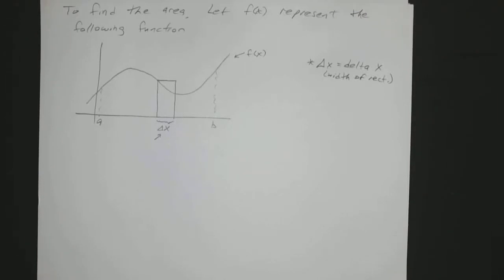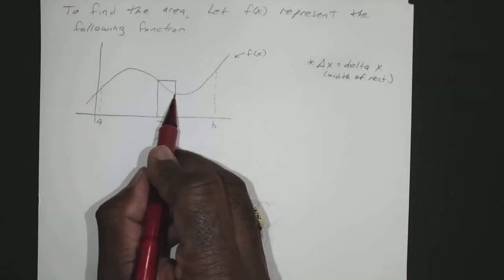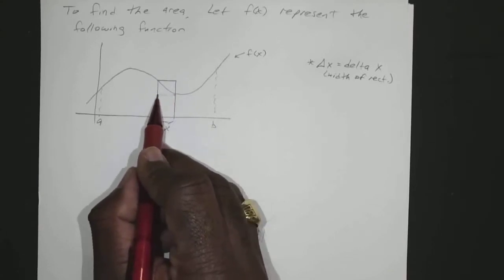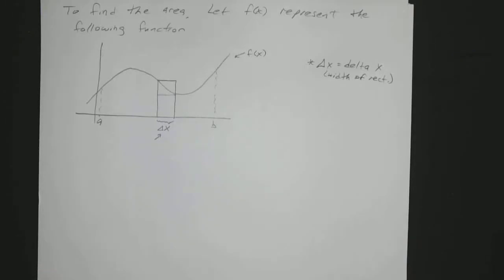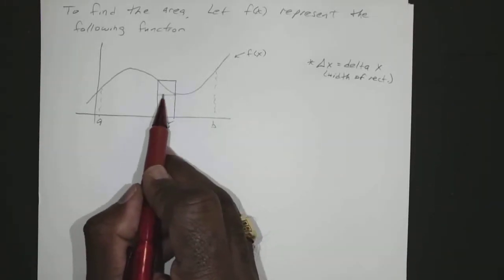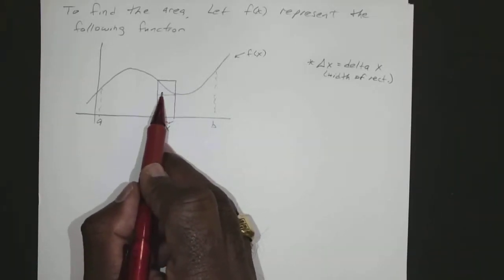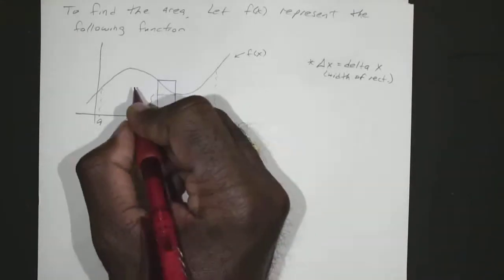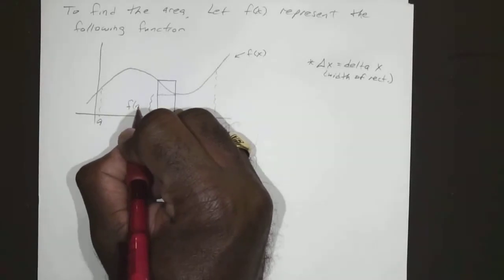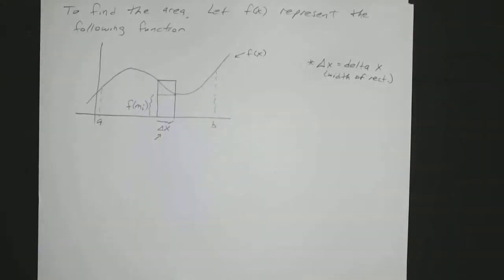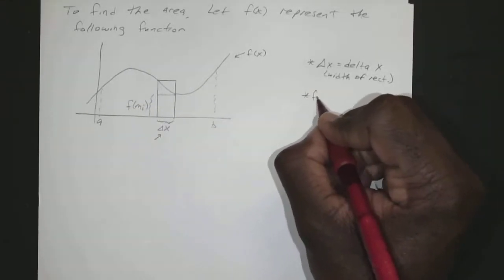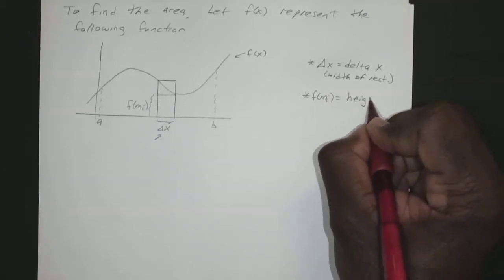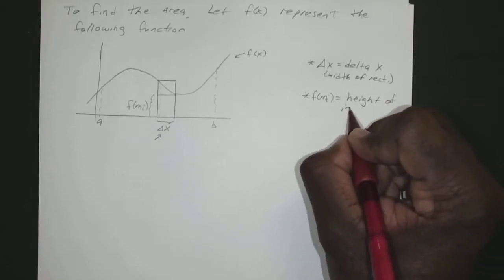Okay. So let's say we want to look at that one rectangle, let's say if you had here, that would be actually one of your lower sums, because it only goes up to the lower point and it'll miss out on that part. So we'll call that lower point of it f of m sub i, where f of m sub i equals the height of the inscribed rectangle.